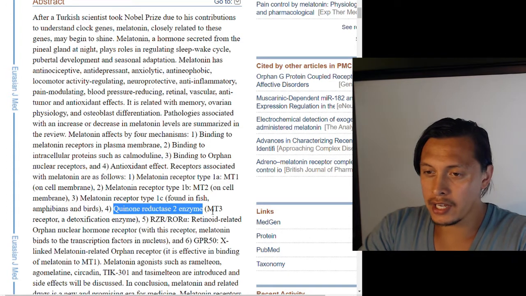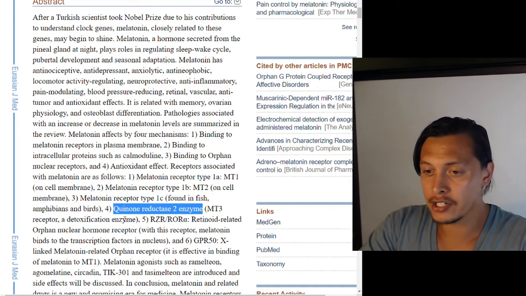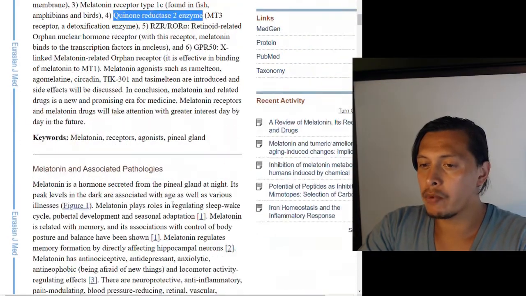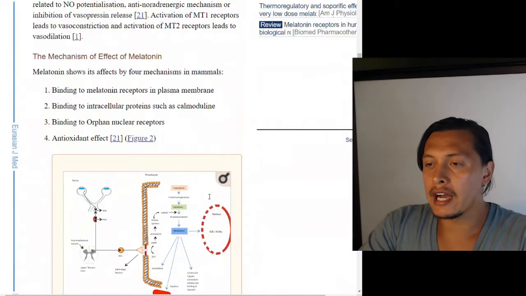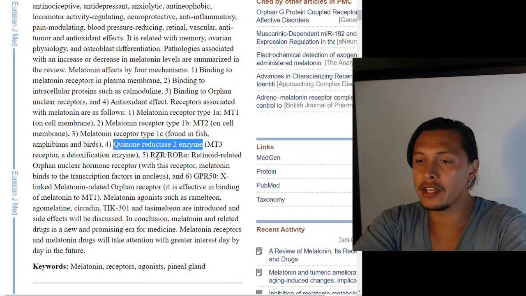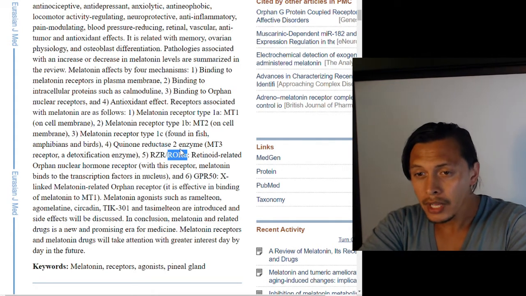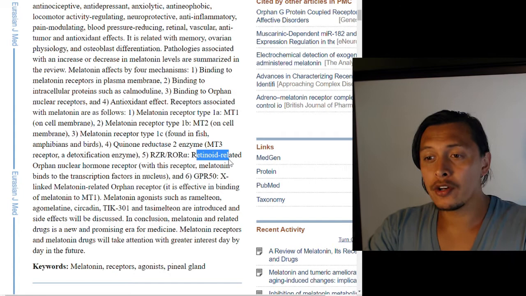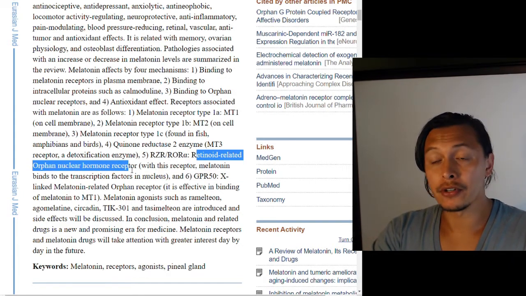And then there is 4, the quinone reductase 2 enzyme. And this is called the MT3 receptor, which is a detoxification enzyme. So we might go through that. Yeah, so we're going to discuss this later in the review. And then the RZR, or the ROR alpha, and just so you know, this is the retinoid-related orphan nuclear hormone receptor, mouthful.